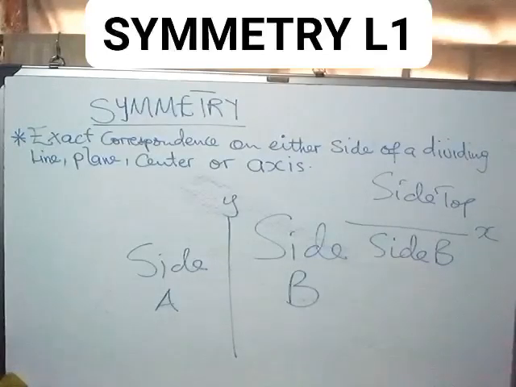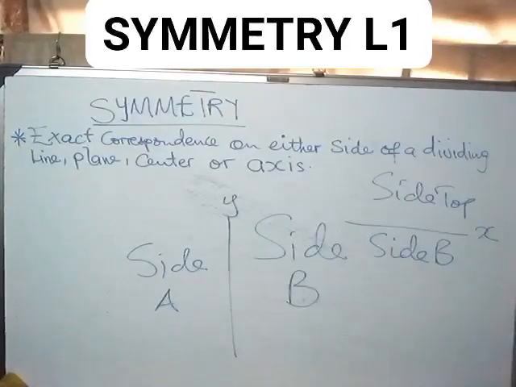So this is what we have when we say it is the exact correspondence on either side of a dividing line. The y-axis or the x-axis, those are the dividing lines, or plane, or center, or axis.